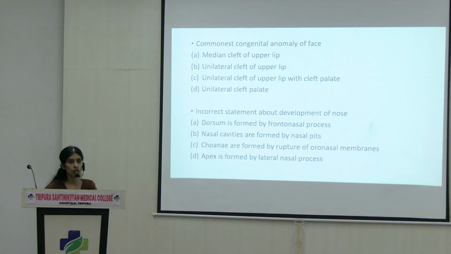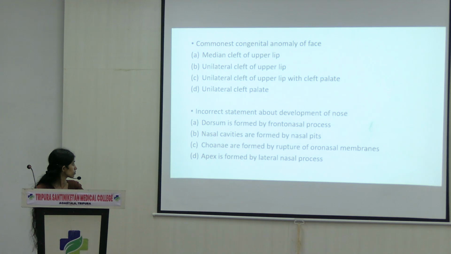Which one is the most common? Okay, fine. Unilateral cleft of upper lip with cleft palate. Okay, any other answers? Okay, next question. Incorrect statement about the development source. A, dorsum is formed by frontonasal process. B, the nasal cavities are formed by nasal pits.